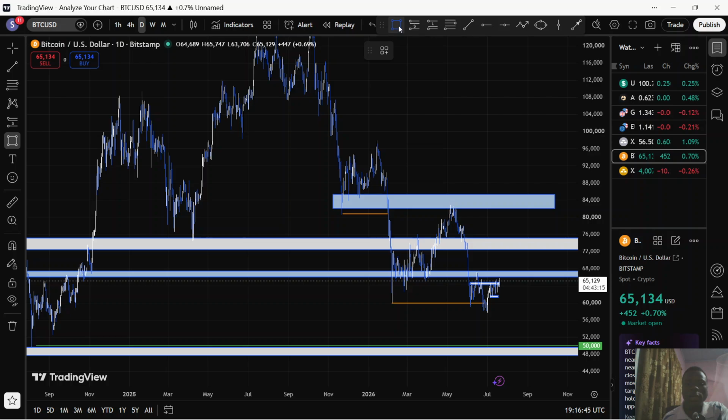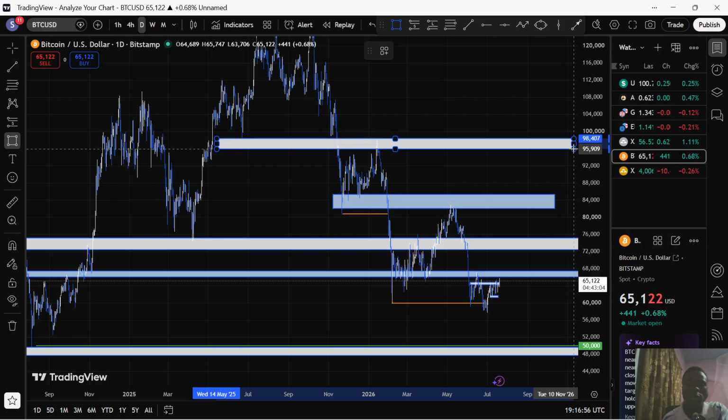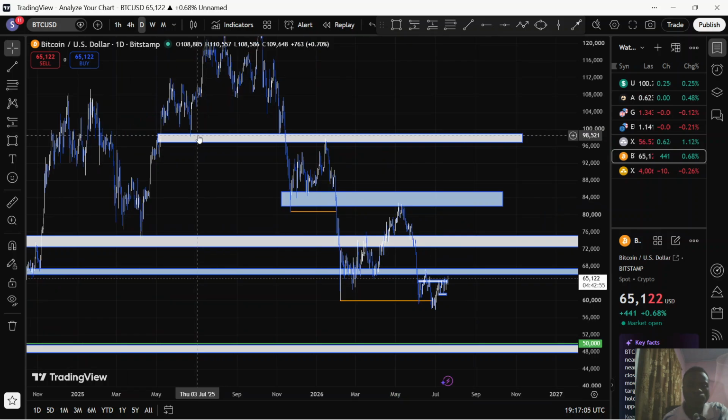I was expecting price to come all the way up here and reverse. You can see that's where a potential market reversal had happened. So we have something here at this one, and if you extend again, you can see we had 1, 2, and 3.